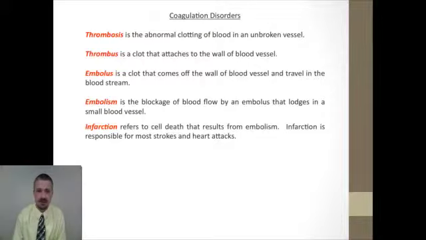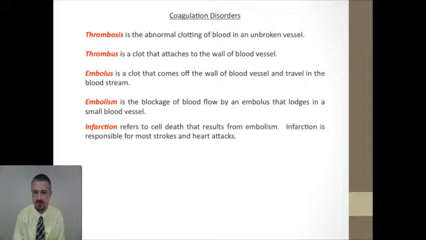The next thing that can happen is if this thrombosis is just in one spot, stuck to the wall, we call it a thrombus. If it detaches and starts moving around, we call it an embolus. It is then traveling through the bloodstream. A lot of times at some point or another, this embolus is going to get to a blood vessel that is too small for it. It's going to get stuck and lodged in there. At that point, we call it an embolism.